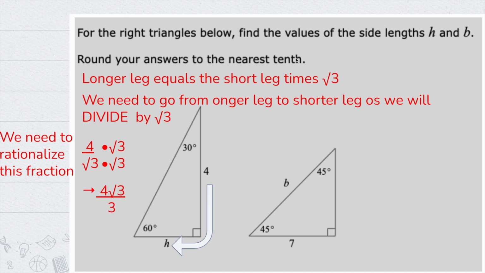They did say round to the nearest tenth, so I need to plug this into the calculator. I'm going to go 4 times, and I have to click on 3 and then click the square root button. I would hit equals at this point so that you have the total number for the top, and then go divided by 3. So you will end up with 2.3 for h.